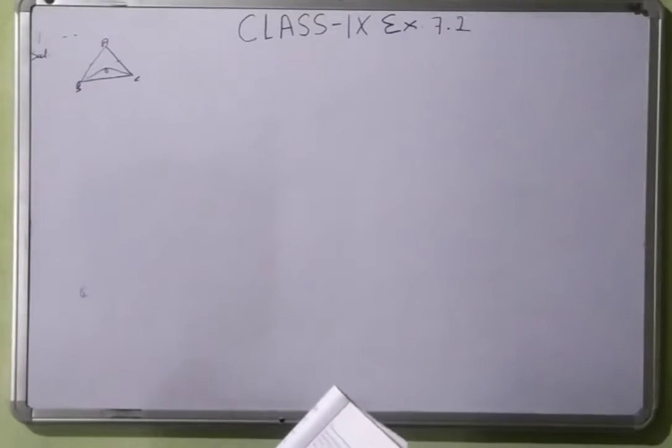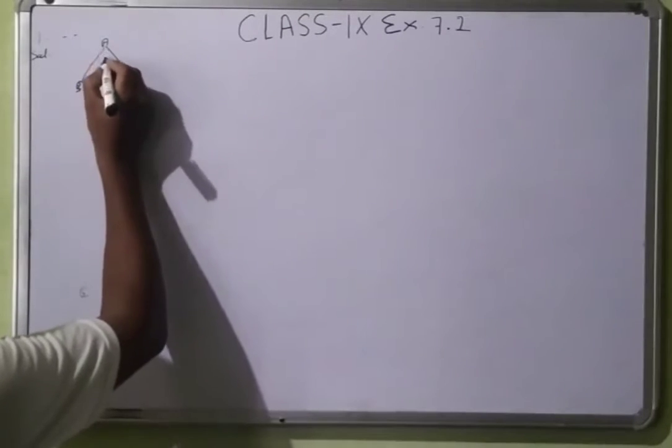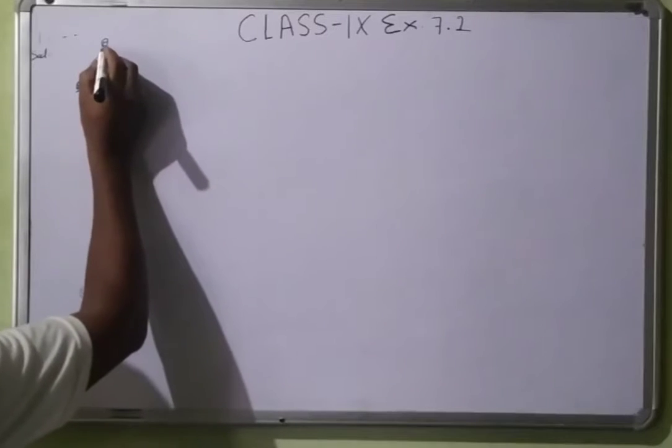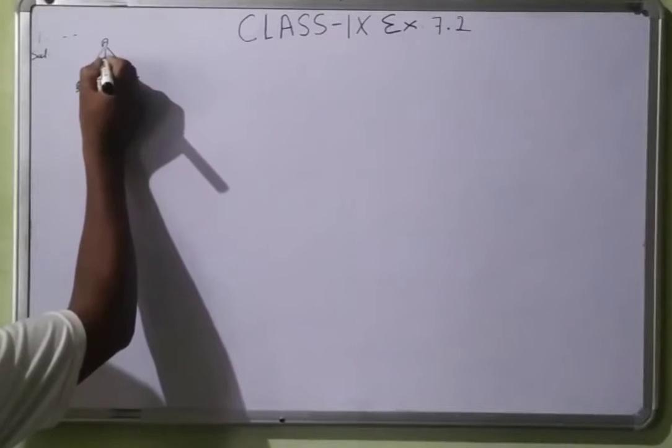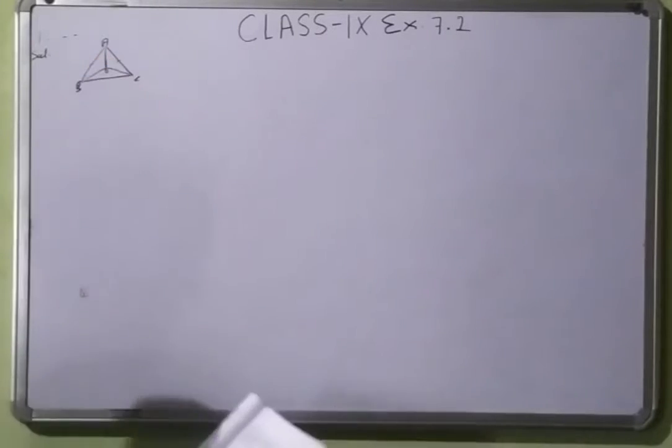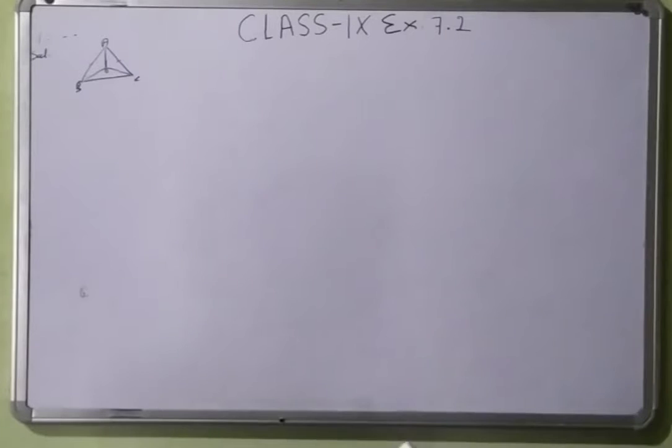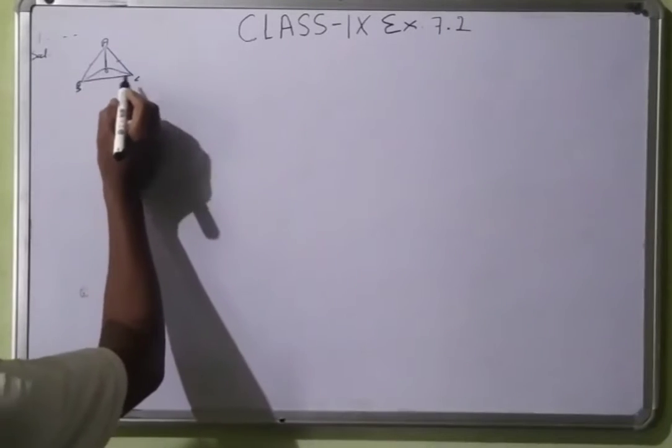Join A to O. Right? A to O, so that OB is equal to OC.